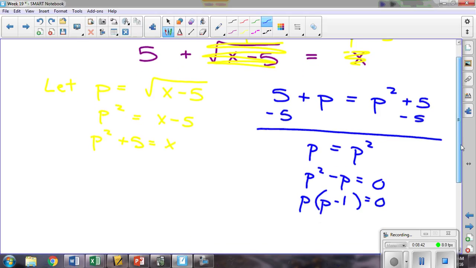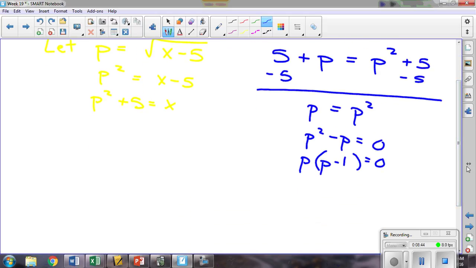And so, using the zero product rule, p is equal to 0, or p minus 1 is equal to 0. And we have two potential solutions. Kind of cool that it worked out and we didn't have anything too crazy with square roots.